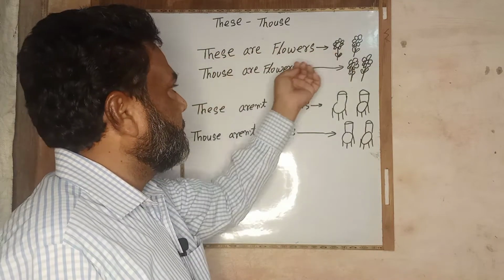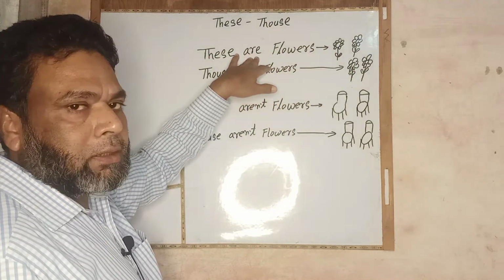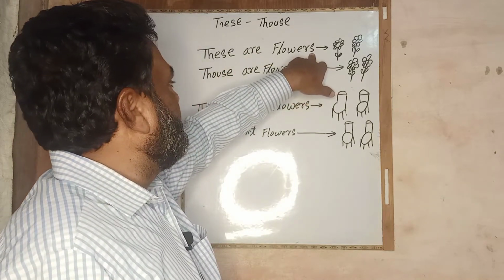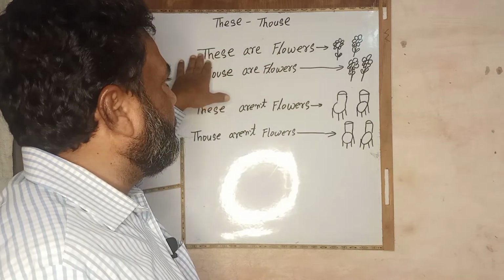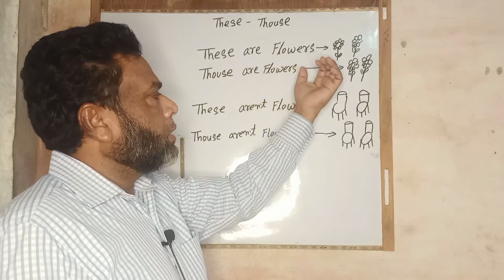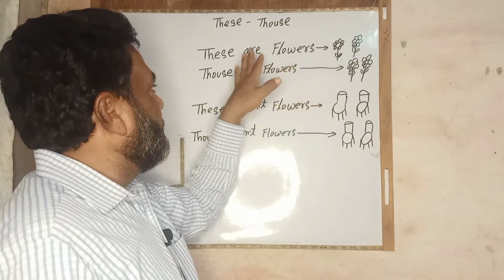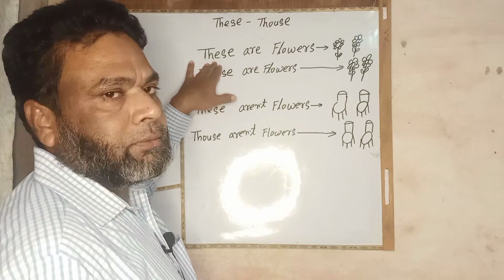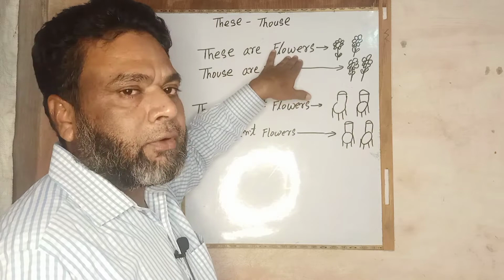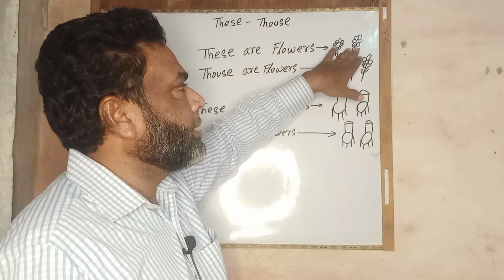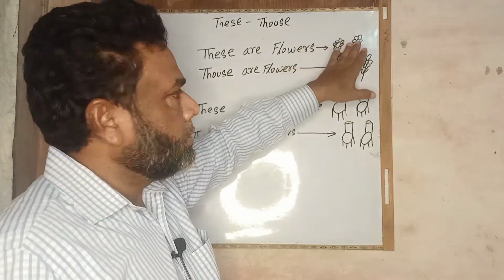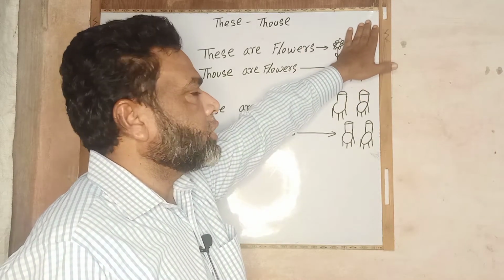Those are flowers. We also use are for plural and put is for singular. So if the noun is close to us, close to me, we use these. These are flowers because here more than one, plural.